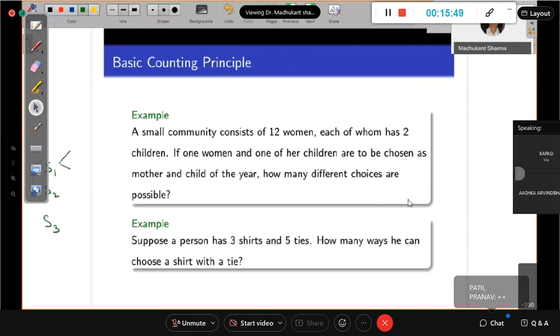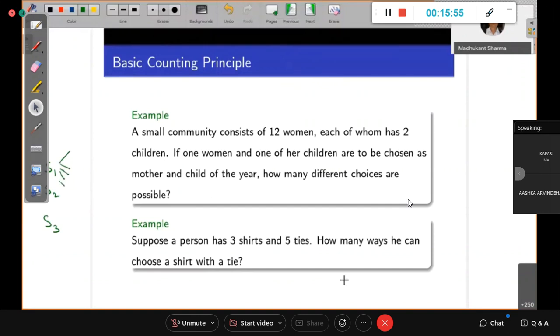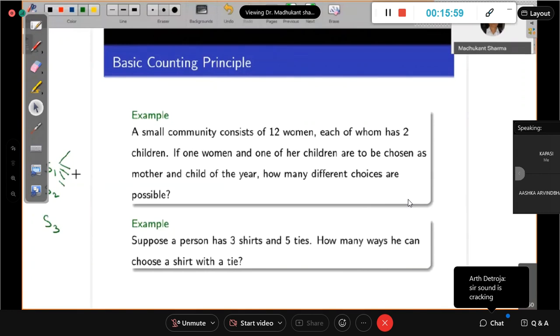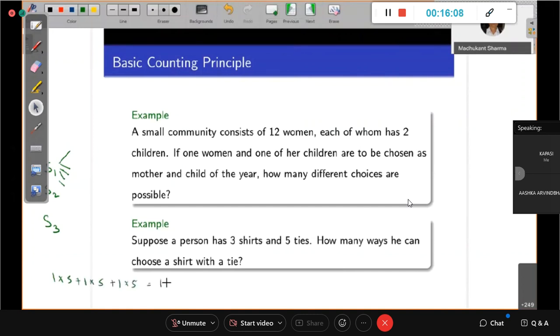You can name the ties T1, T2, T3, T4, T5. So 1 into 5 plus 1 into 5 plus 1 into 5, which is 3 into 5. That is the total number of ways you can choose a shirt with a tie.